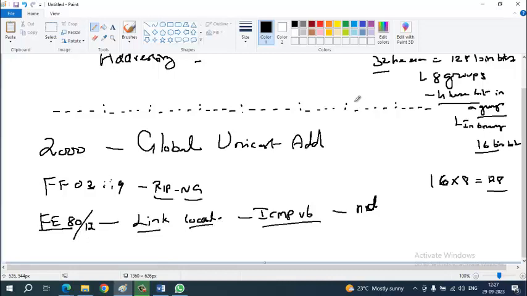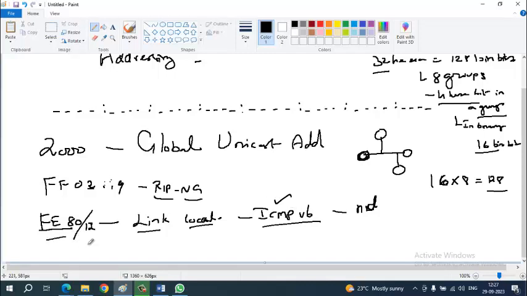On that link, whoever is connected, there are 4 routers connected to this link. How do they get discovered? By using ICMP version 6 link local address.